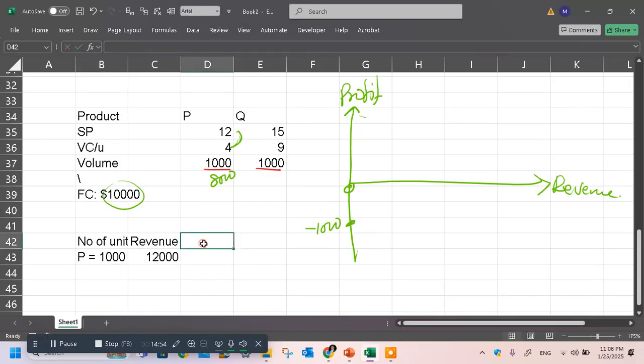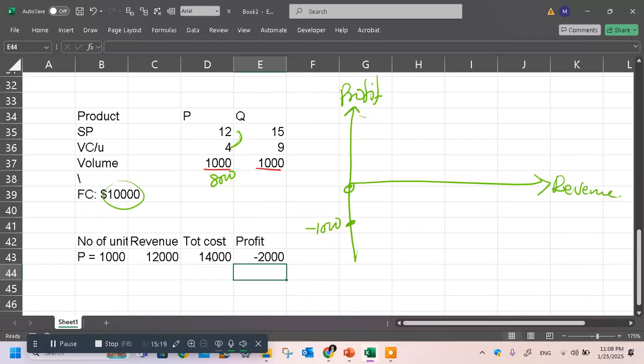Okay. What will be the total cost? You have fixed cost of 10,000 plus variable cost of 4 into 1000. So what would be your profit? The loss, 12,000 minus 14,000, minus 2,000.